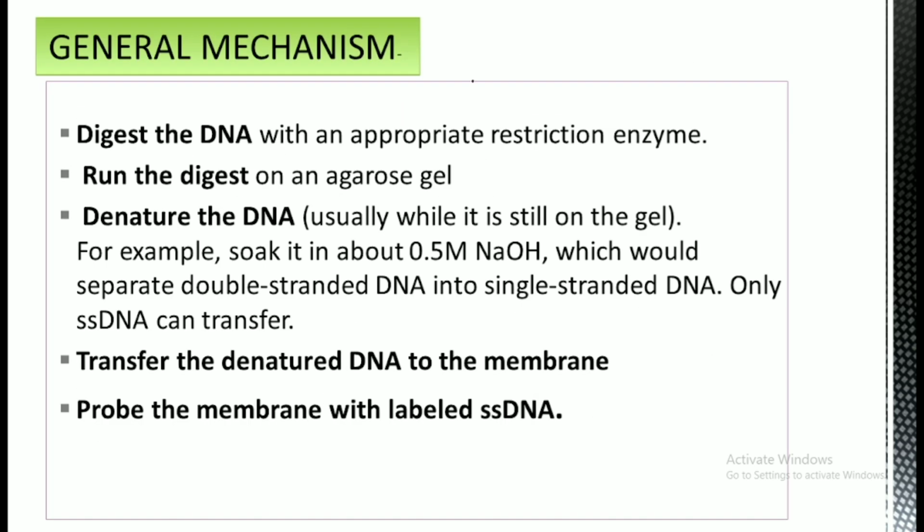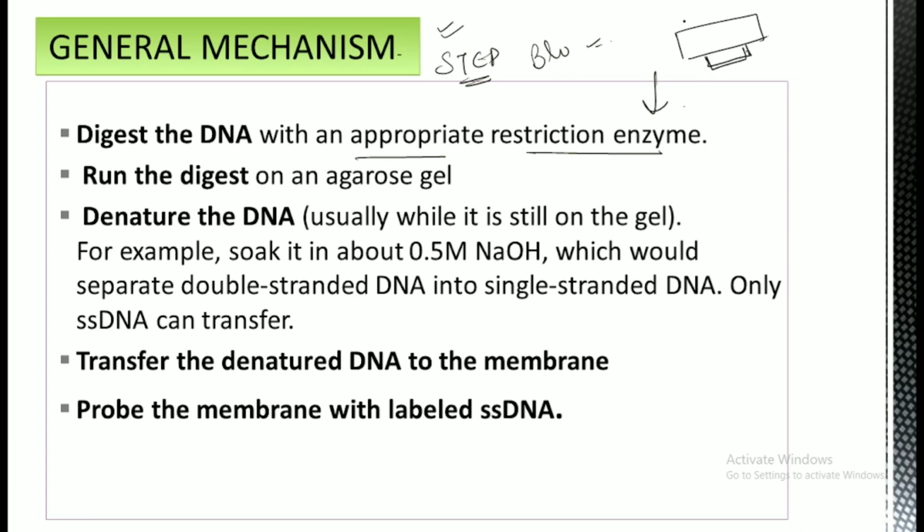Now talking about the general mechanism behind these blotting techniques, these are the basic steps that are followed. First step is the digestion of the DNA with an appropriate restriction digestion enzyme. Just consider that you have this particular DNA and you want to have only a specific segment.